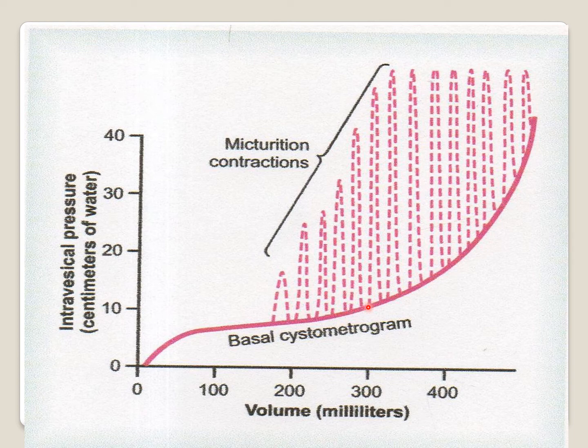But once the urine collection goes beyond 300 and beyond 400 milliliters, there is a rapid rise in the intravesicular pressure.